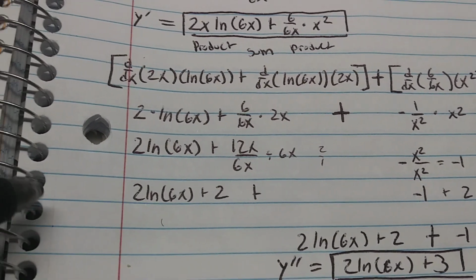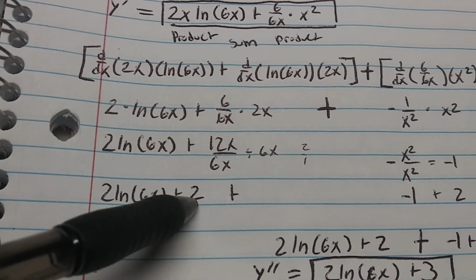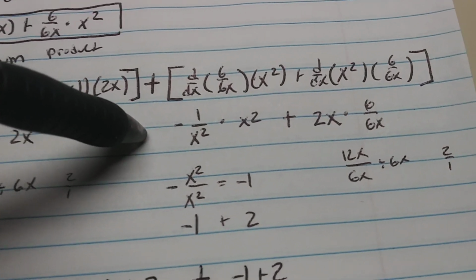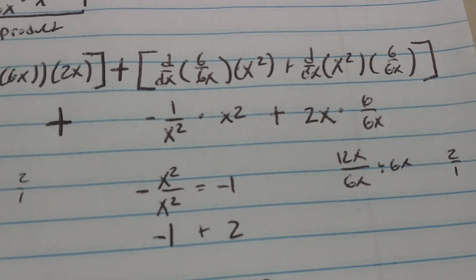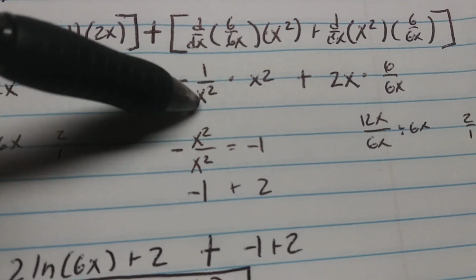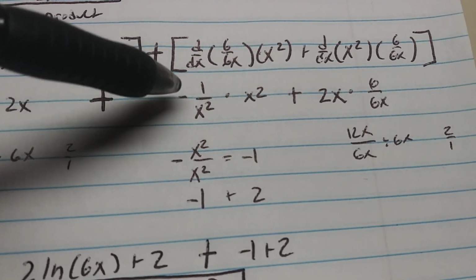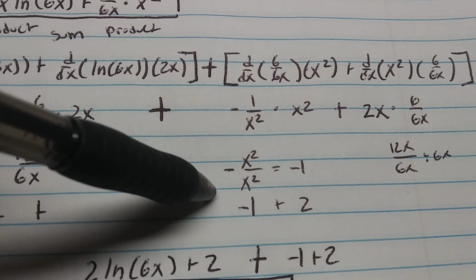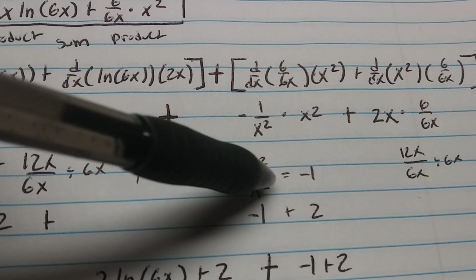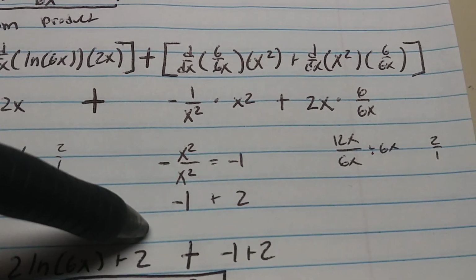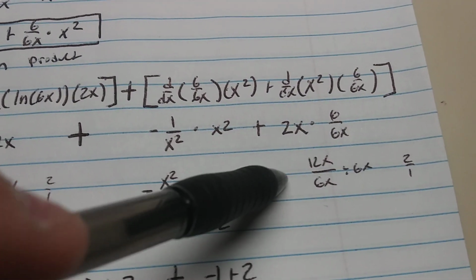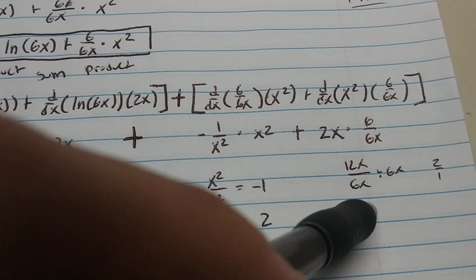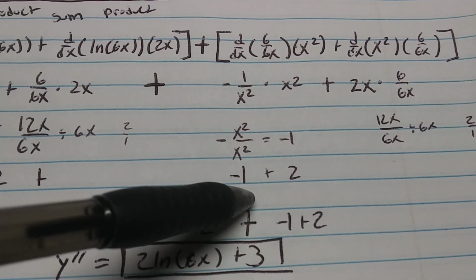So now we have 2 ln 6x plus 2. On this side of our equation, we can multiply this 1 over x squared times another x squared. If we do that, it's x squared over x squared, negative, so that's a negative 1. Same concept we did over here on this side, so that's going to be a 2. So negative 1 plus 2.